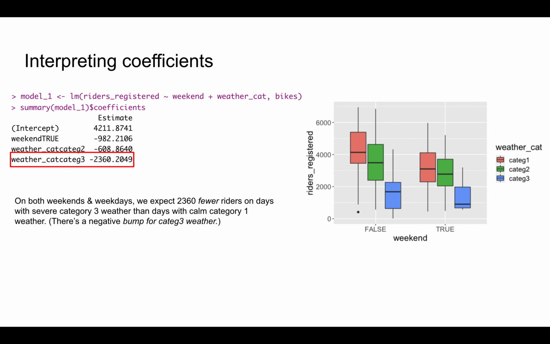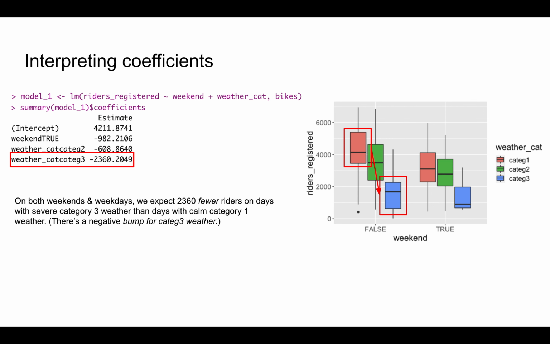Similarly, the weather category 3 coefficient indicates a negative bump in ridership on category 3 days. On both weekends and weekdays, we expect roughly 2,360 fewer riders on days with severe category 3 weather than on days with calm category 1 weather. We observe this bump when comparing the category 1 and 3 box plot summaries within either weekend category.